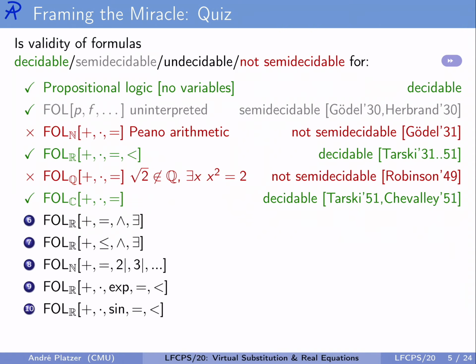Let's write down more. This seems to be interesting. So real arithmetic, where we only look at addition, equality, conjunction, no disjunctions, not indirectly by negations either, and only existential quantifiers. What happens in this case is clearly decidable because it's a fragment of full real arithmetic, the one where we're only allowed to talk about addition, equations, conjunction, existential quantifiers, no universal quantifiers, no multiplication, no disjunction.